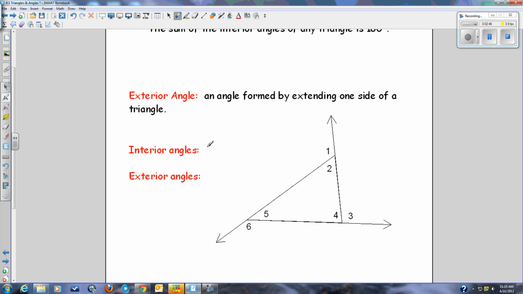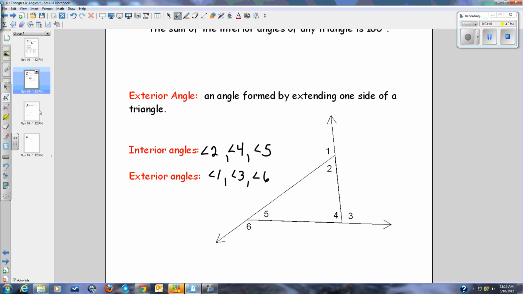So we're looking at angle 2, angle 4, and angle 5. The angles that have been formed on the outside of the triangle that have been labeled 1, 3, and 6 are the exterior angles. So angle 1, angle 3, and angle 6. Let's move on.